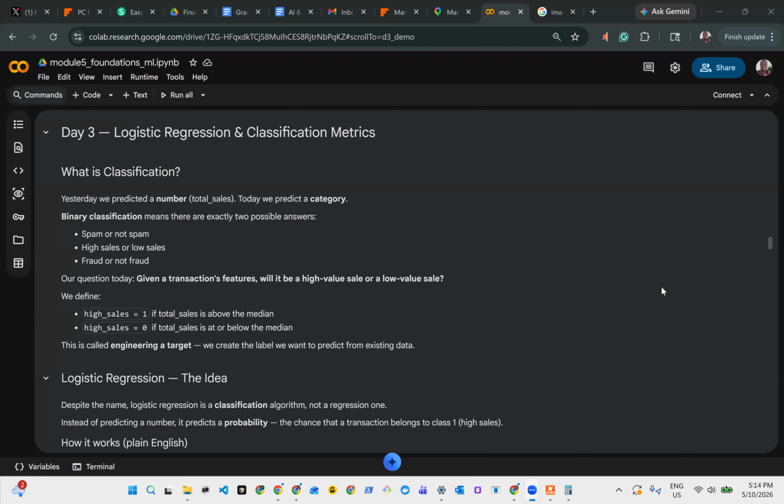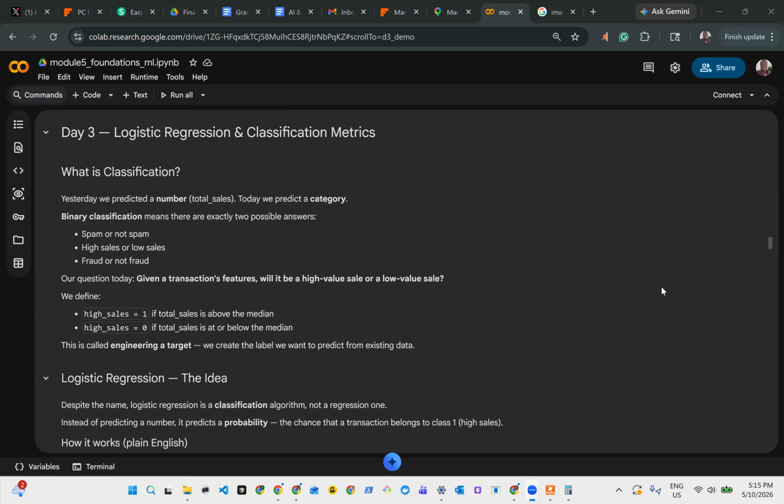One of the best scenarios that we have in the industry is the one that classifies if an email is spam or not spam. Another one is for commercial industries. They want to see if what you are spending on your advertisement is bringing about high sales or low sales.